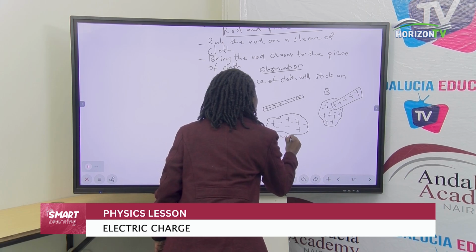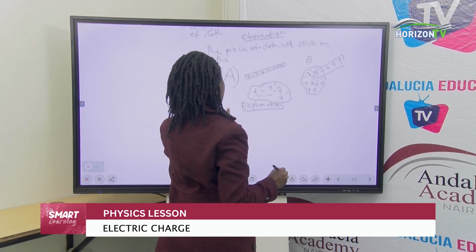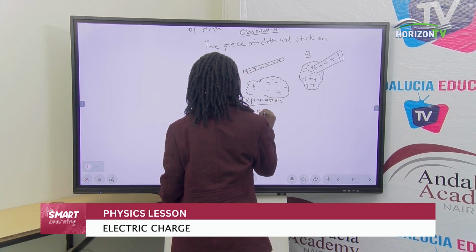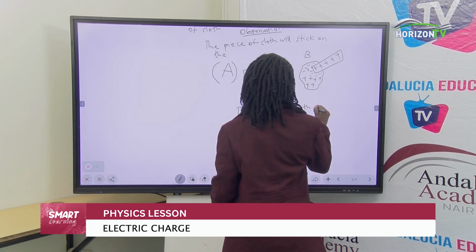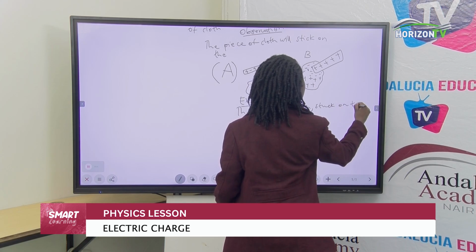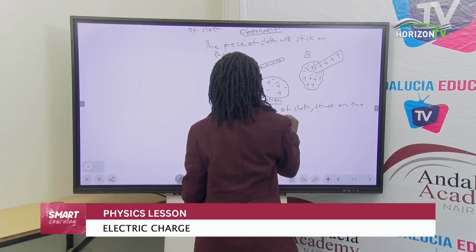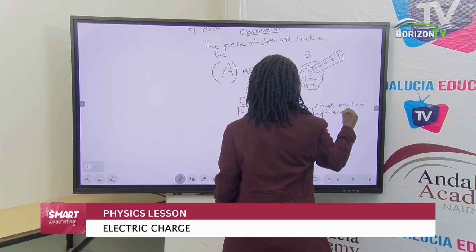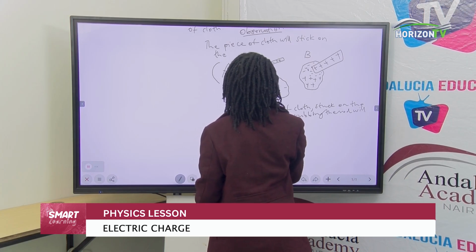So the explanation is very key, because at the end of the day what is going to matter here is explanation. You say: the piece of cloth stuck on the rod because rubbing the rod will make it positively charged.